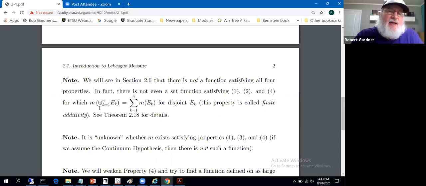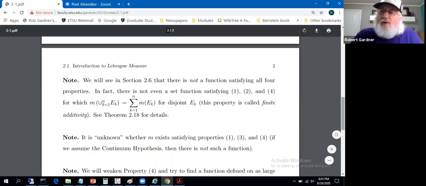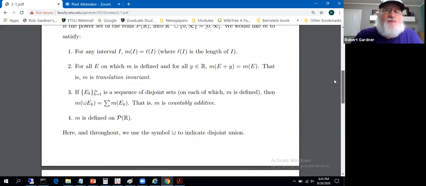If we take a finite union, k equals 1 to n, of pairwise disjoint, finite collection of E sub k's, and take the measure of that finite union, we get the sum of the measures. So the claim is there's not even a set function which satisfies properties 1, 2, and 4.